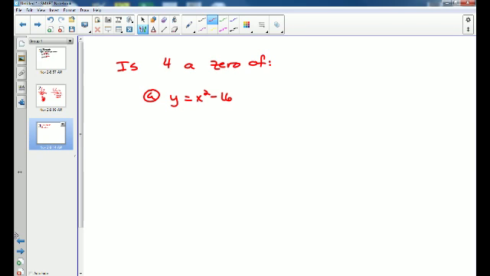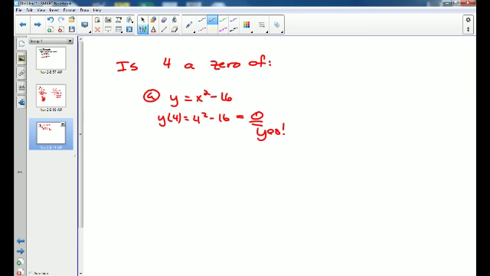You plug it in, and it equals 0. That means it's an x-intercept on the graph. So yes, this function has two zeros, 4 and negative 4. I'm only asking you about one of them. So that would be yes because it gives you 0.